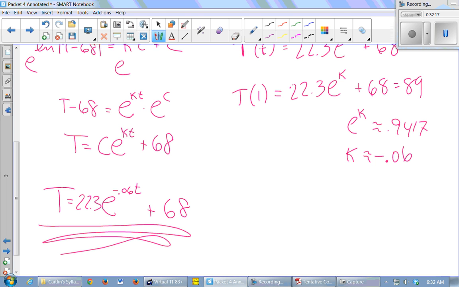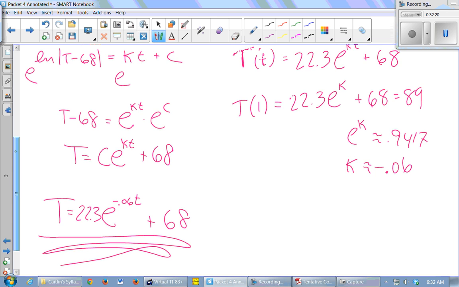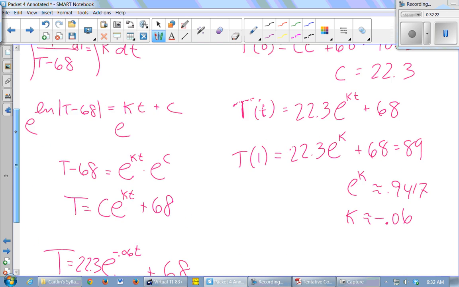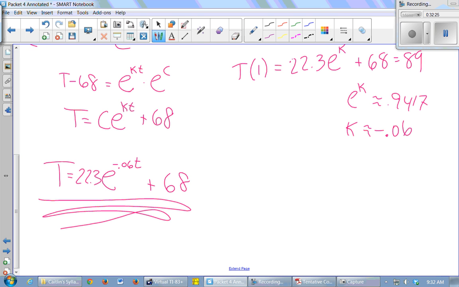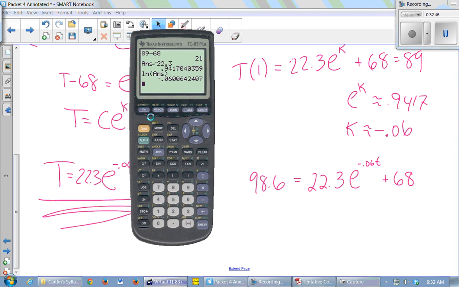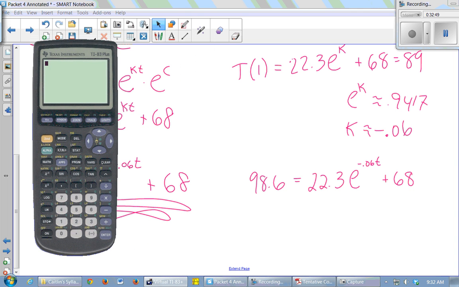So now I want to know how long ago the murder occurred. So what is the temperature at the time of death? 98.6. So we replace capital T temperature with a 98.6, and I want to solve for little t. All right, so we've got 98.6 minus 68 divided by 22.3.